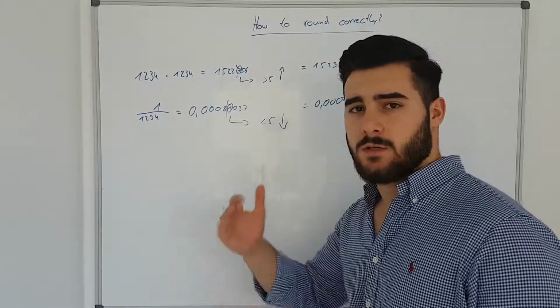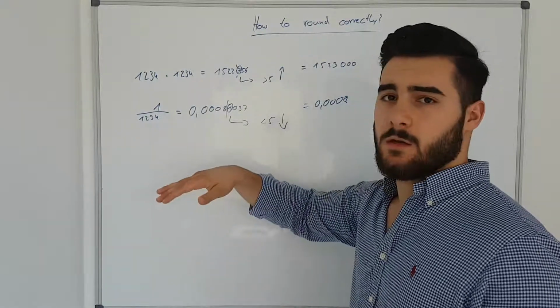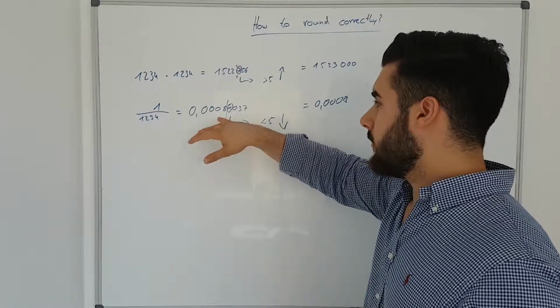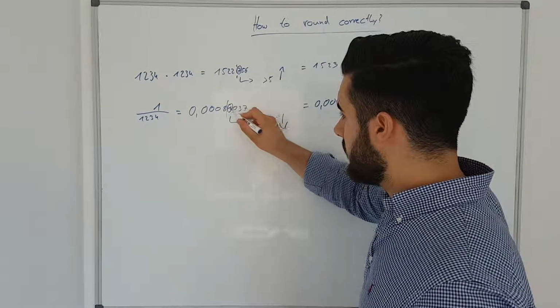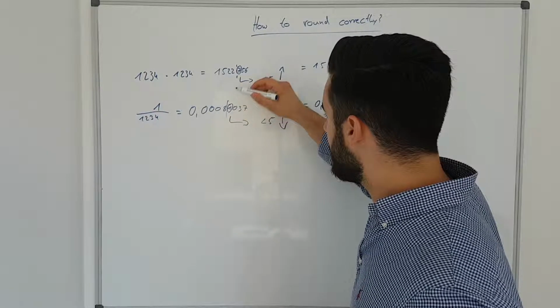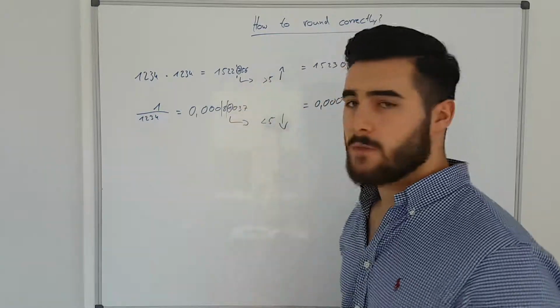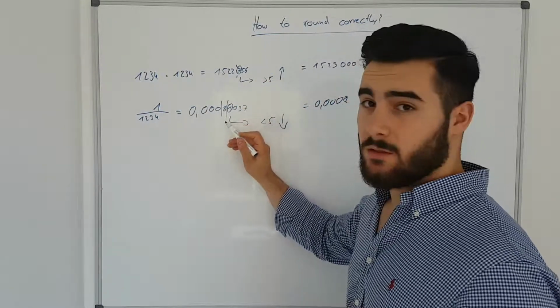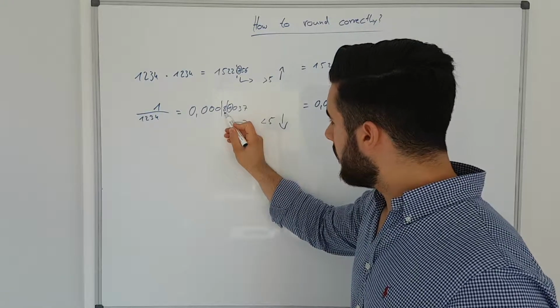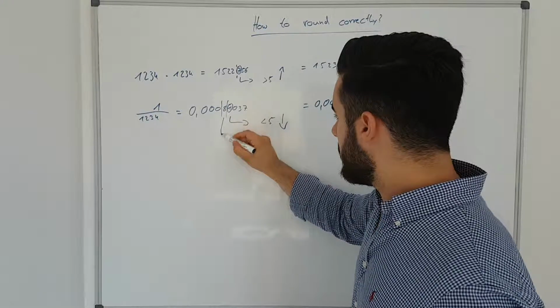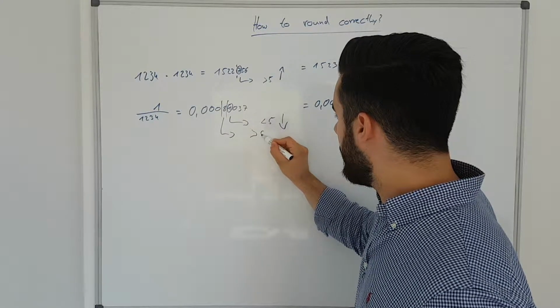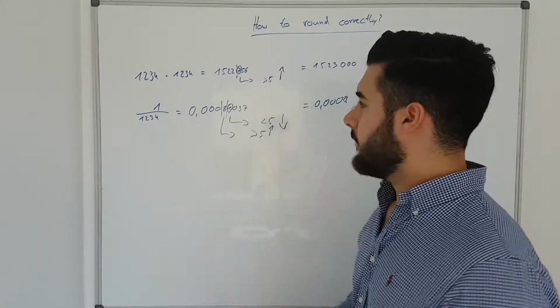So imagine now your teachers say, okay, I want you to round up to the 3rd place. So that means we don't have to cut here, but we have to cut here. What you do now, again the same approach. So you look at the 8. 8 is obviously bigger than 5, so you have to round up.